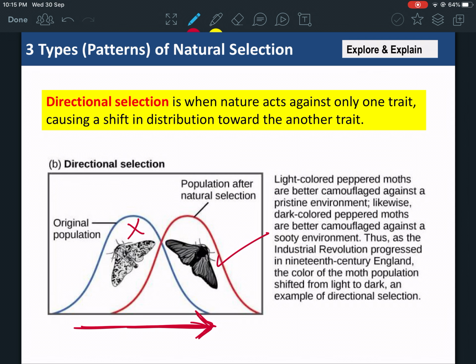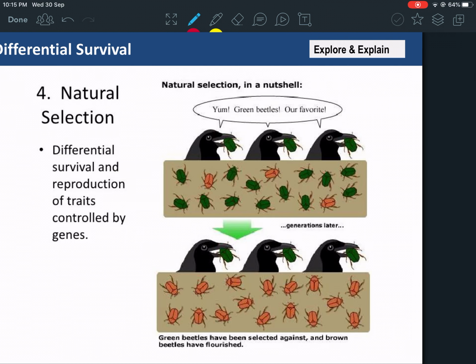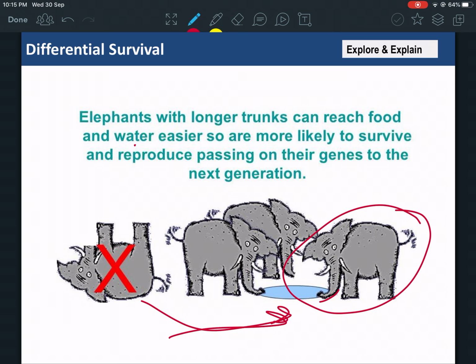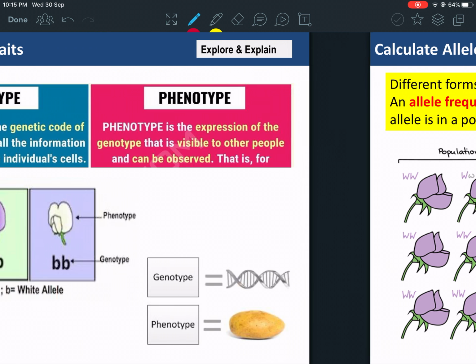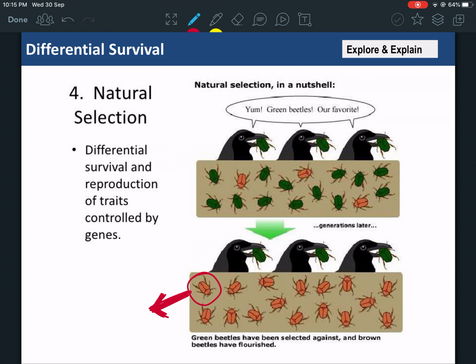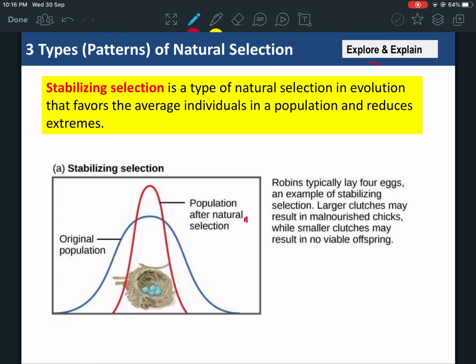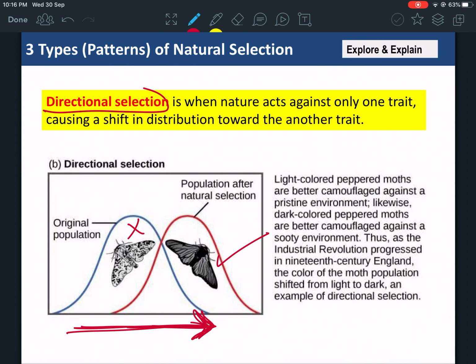For example, here nature is favoring one trait, the long trunk, and the short trunk do not survive, so it's moving in this direction. Same as here, look at this. There was more green in this generation. Now there is more orange, and there's no more green. So the population is directional. That means it's moving in one direction towards one trait.